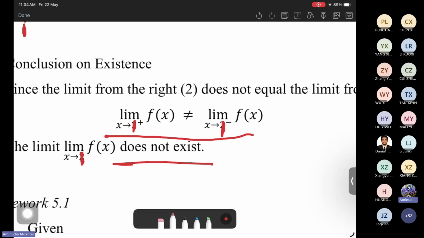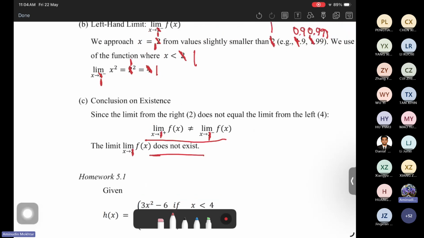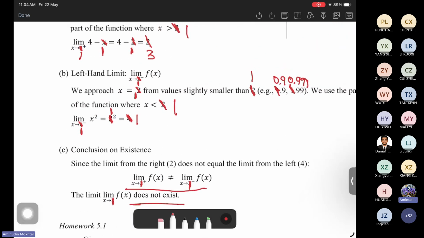Okay, that is one of the examples about the limit, the left hand limit and the right hand limit. So if the value of the right hand limit does not equal the left hand limit, the conclusion is the limit does not exist.